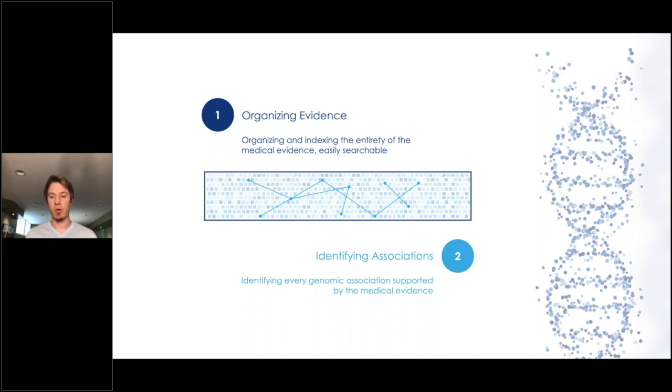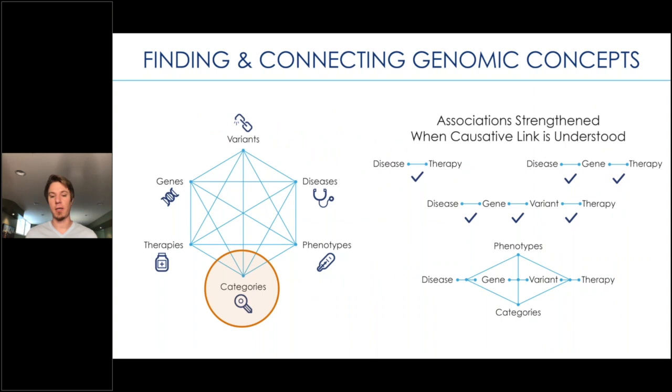When I talk about genomic associations, really what I'm talking about is the fact that we identify every occurrence of several different genomic concepts within the evidence. So we identify every gene, every variant, every disease, every phenotype, every therapy, and every categorical keyword mentioned in the literature as well.